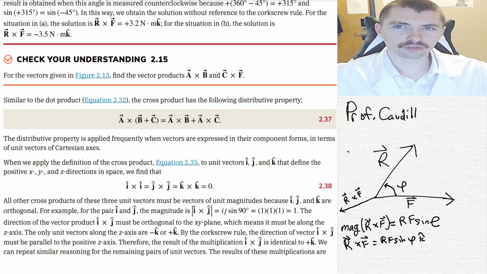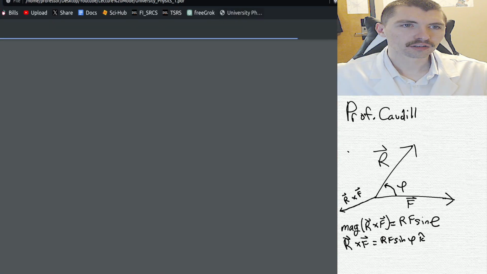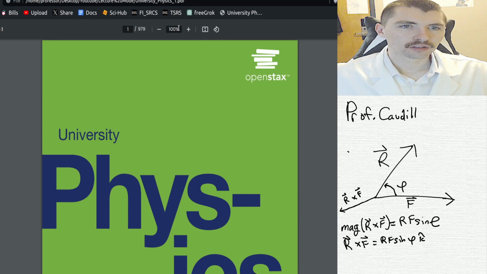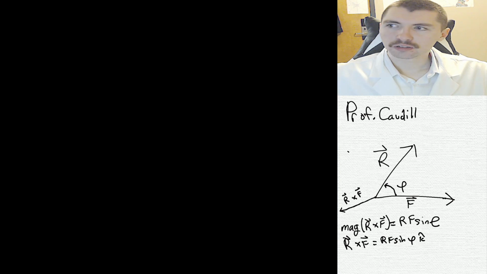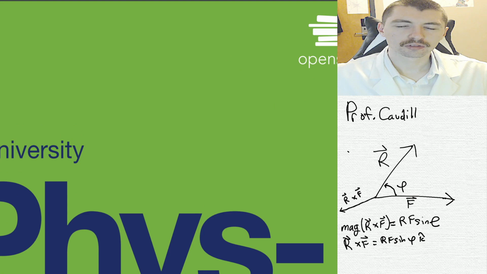So it wants us to use figure 2.13. I'm sorry, give me one second. I will fix this.